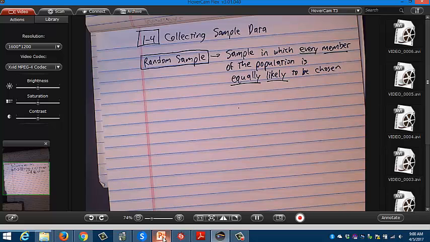All right? So it's interesting because one of the first things we talked about when we were talking about examples of populations and sampling, we talked about the entire college, Lakeland Community College. That's a population. If I say, look at this class, would that be a random sample?